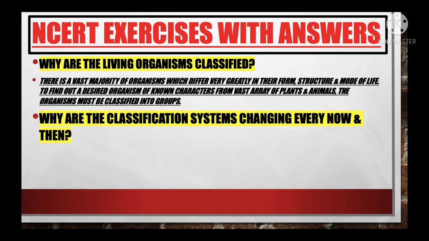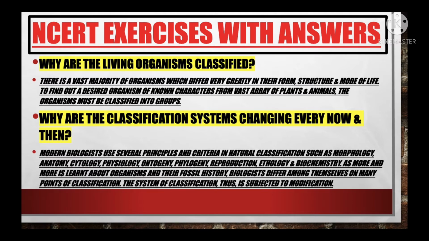The next question is, why is the classification system changing every now and then? So, as we know, there existed two classification systems, that is plants and animals, which were proposed by Linnaeus at the earlier stages of the classification system. However, it changed to four classifications, and at present five classification systems are in use.